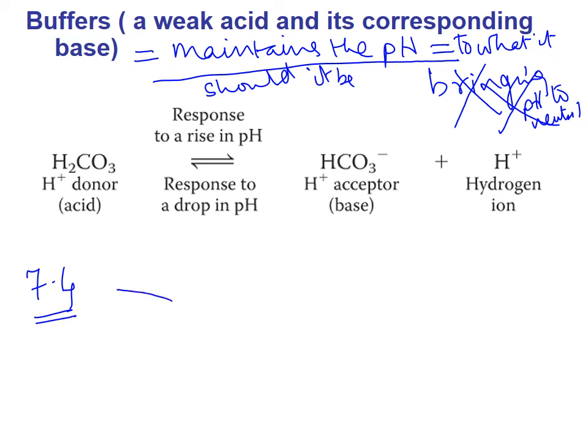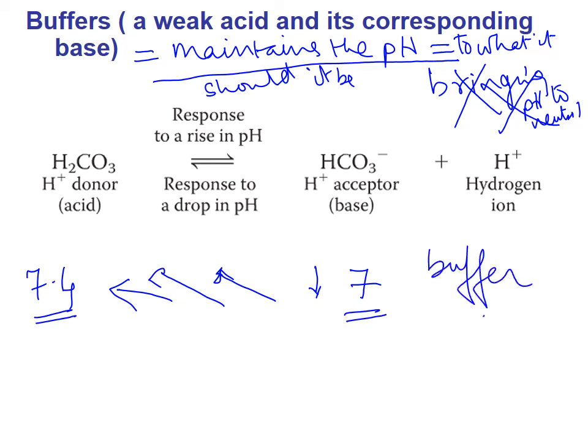Now, if for some reason you consumed a lot of acid and suddenly the pH of the blood has decreased further to say 7, this is extremely dangerous for the body. So there are buffers which maintain the pH at this value and do not let it change.